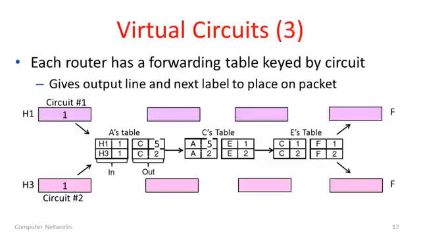We looked at the forwarding tables inside a datagram network. Let's look at the forwarding tables inside a virtual circuit network. The reason to do this is for you to see how they're different than the forwarding tables inside a datagram network. So now all we really need is a table which tells us the incoming circuits and what to do with them.